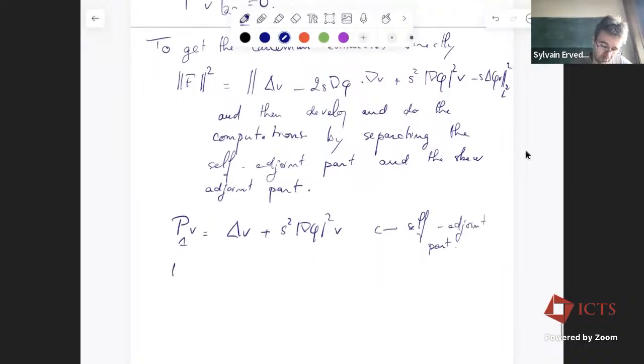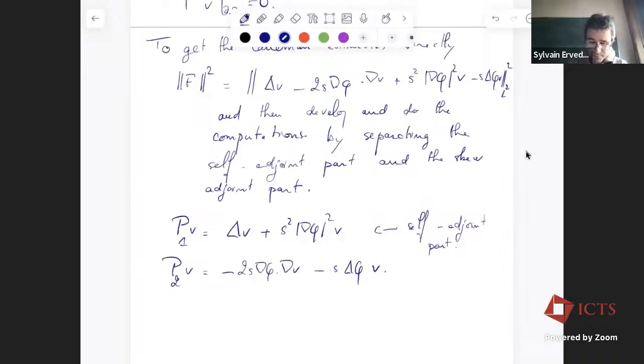And there's also a skew-adjoint part, which I will call P2, which is minus 2s gradient of phi gradient of V minus S Laplacian phi V.